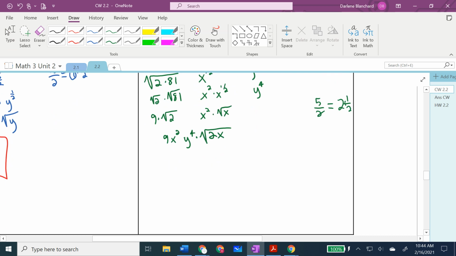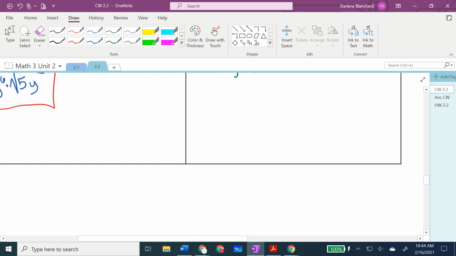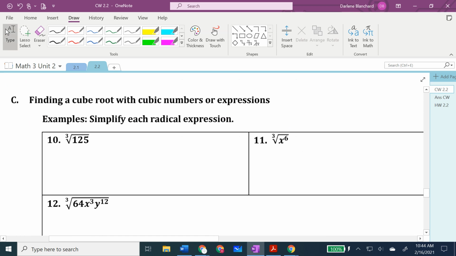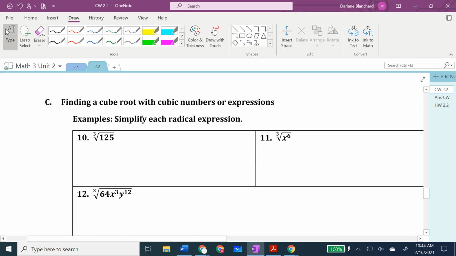Now, we've got 5-6 minutes left. And now I'm going to begin to walk you through cube root to make sure that you understand the difference. When the index is 3, it's asking what number multiplies 3 times to give you 125.